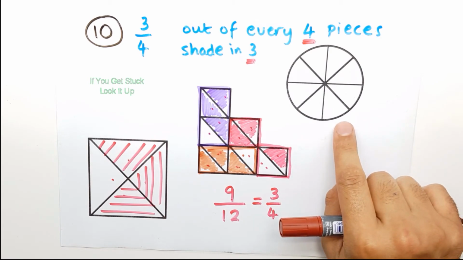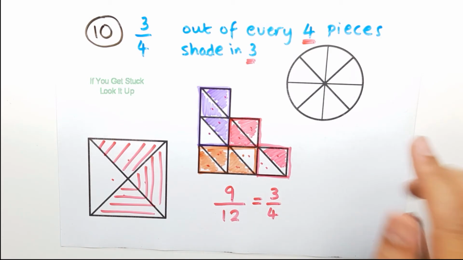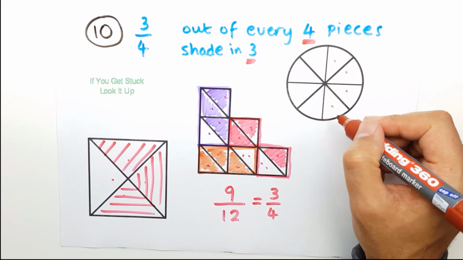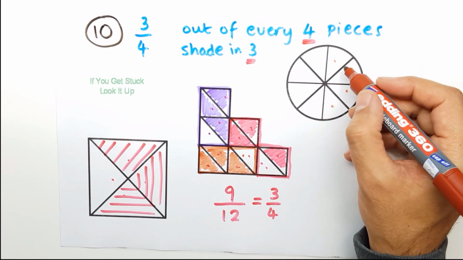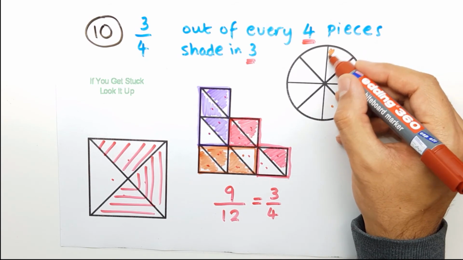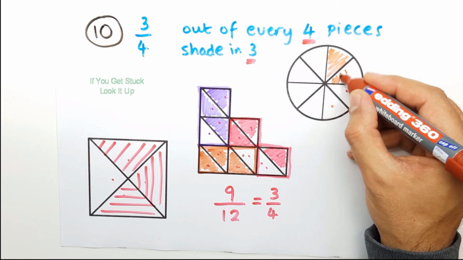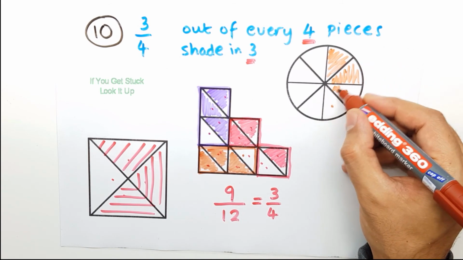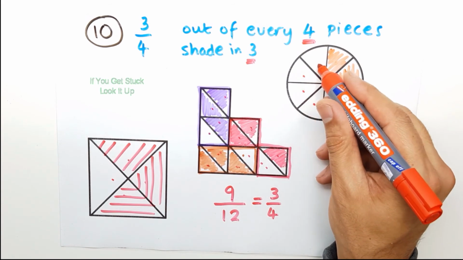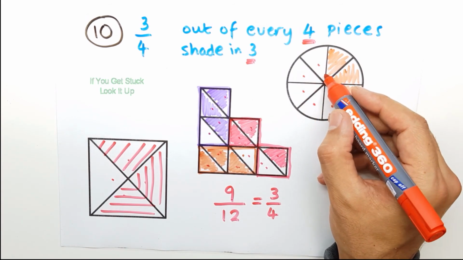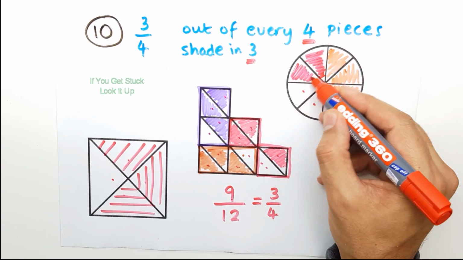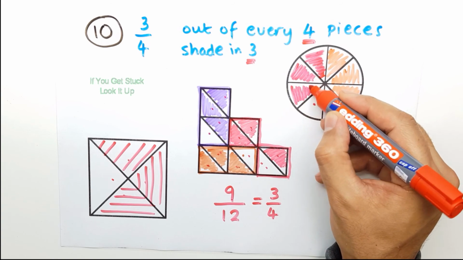Now onto the third diagram. Same thing again. 1, 2, 3, 4. So out of these 4 pieces, I'm going to shade 3. 1, 2, and 3. Now 4 pieces are left, so I shade in another 3. 1, 2, and 3.